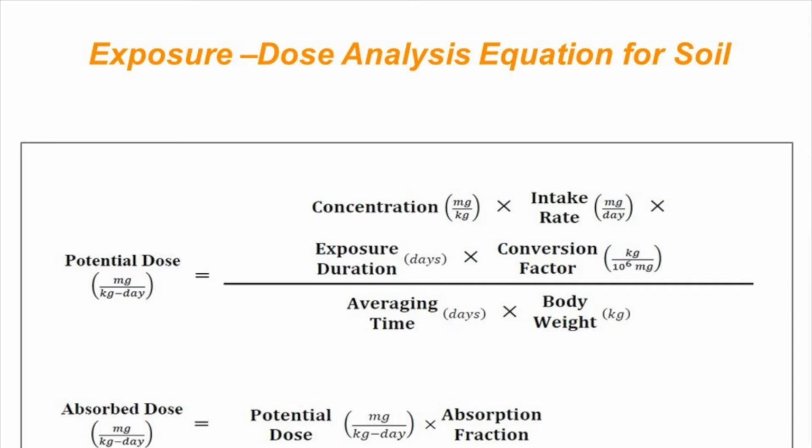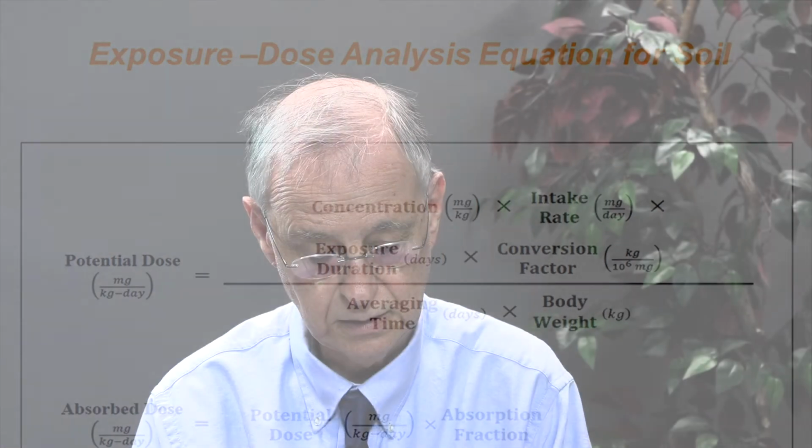You start with the concentration in the soil, the intake rate, the exposure duration, and the conversion factor that converts from kilograms to milligrams and the other way around, divided by the averaging time, and typically for adults that's about 70 years times 365 days, so this is in days, and then the body weight of an individual. So the dose units are milligram of substance per kilogram day.